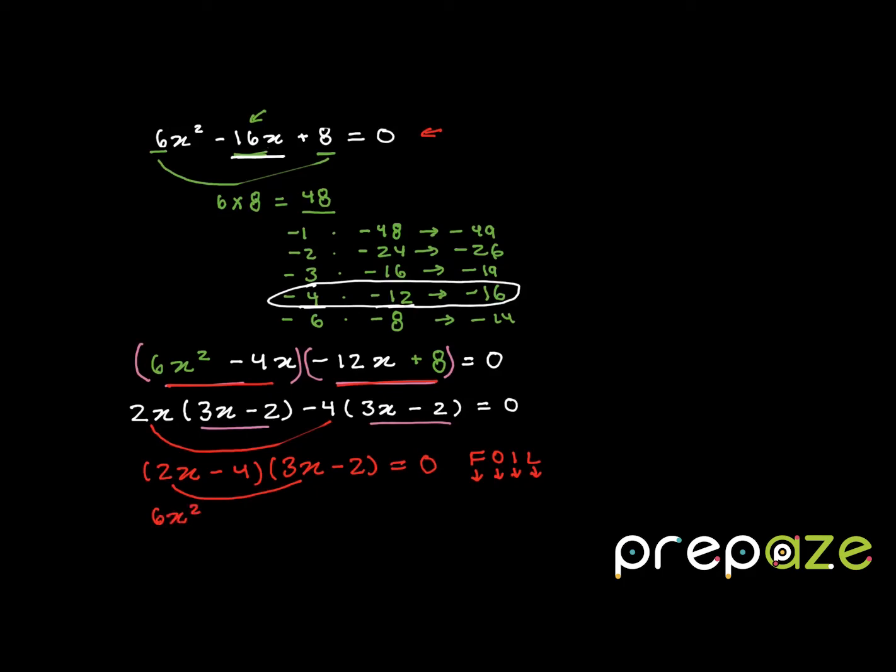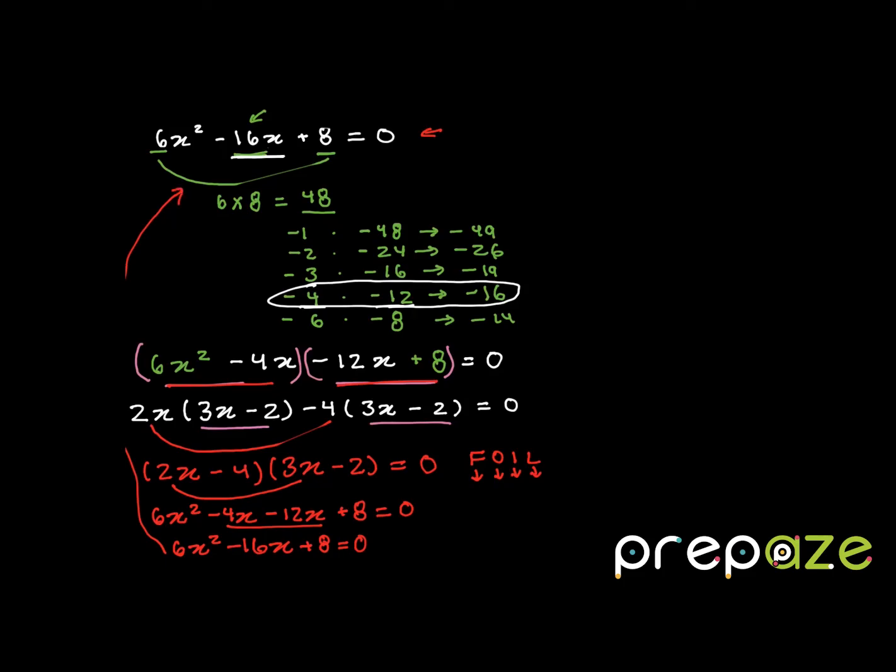Then I'm going to do the outers, which is 2x times negative 2, which is negative 4x. Then the inners, negative 4 and 3x, which is negative 12x. And then lastly, the lasts, which is negative 4 and negative 2, which is 8. Now, these are two common terms, so I can write this as 6x squared minus 16x plus 8 equals 0. And this is exactly what we have up here.